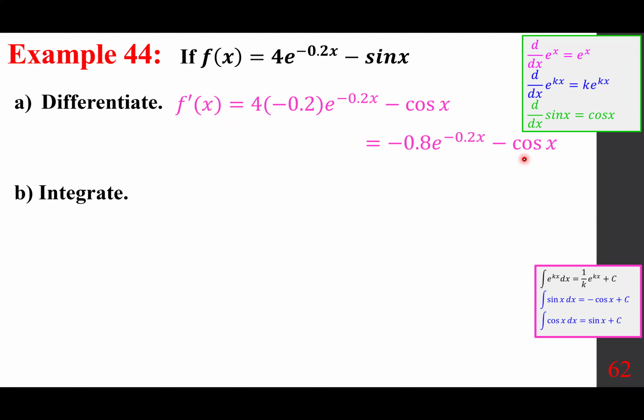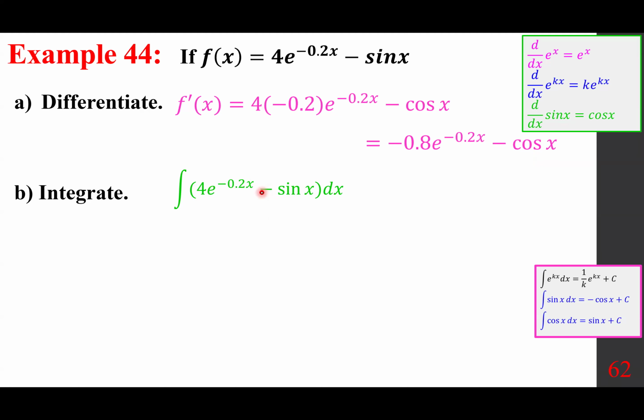Integration. So you have to have a dx, class, because the independent variable is x. Now, in this case, we multiplied by this number. In this case, we divide by it. So 4 divided by the coefficient of x, negative 0.2, e to the power of negative 0.2x, minus sine becomes plus cosine, because the derivative of sine is cosine, but the integral is negative cosine.